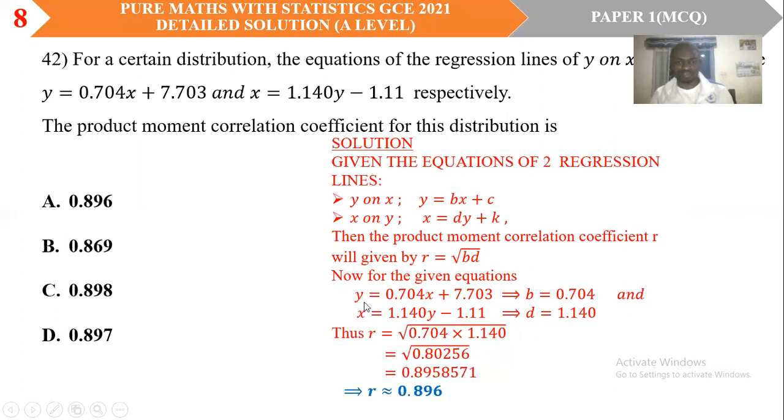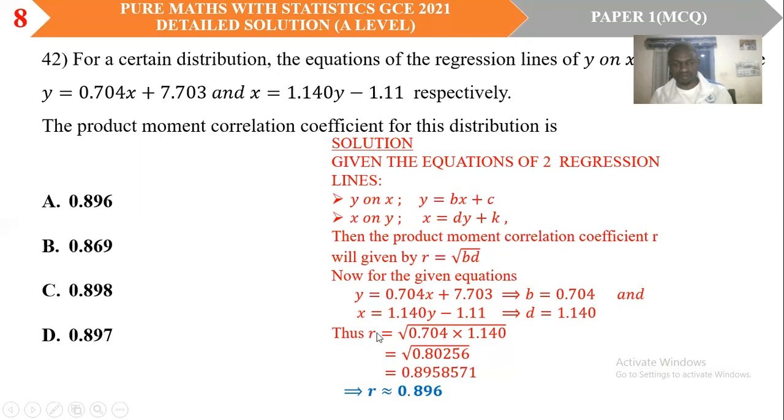Now, for the given equations, y equals 0.704x plus 7.703. This implies the coefficient of x, b, will be equal to 0.704. And given x equals 1.140y minus 1.11, the coefficient of y, d, will be equal to 1.140.